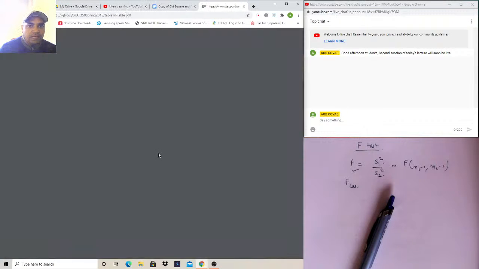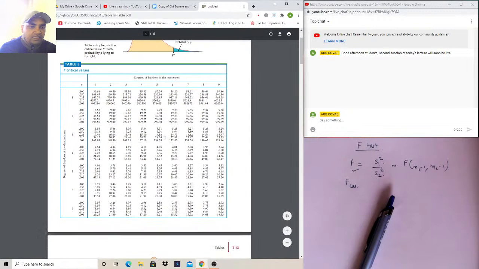Okay, if I click on this, you will see these are the various F values. These are the degrees of freedom for the first variable, row-wise, and these are the degrees of freedom for the second variable.